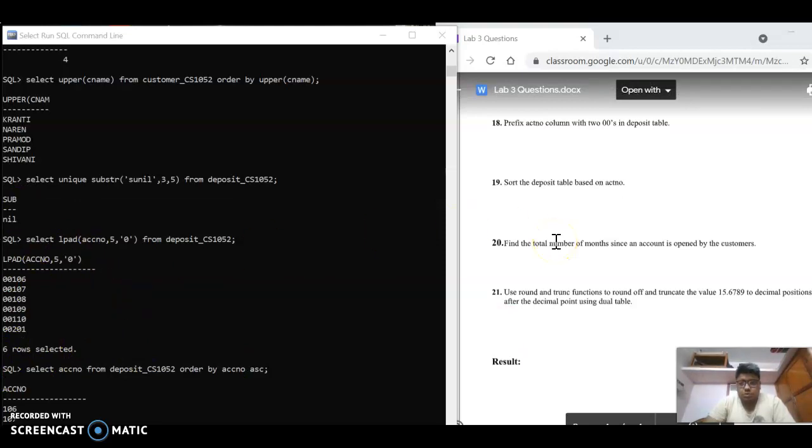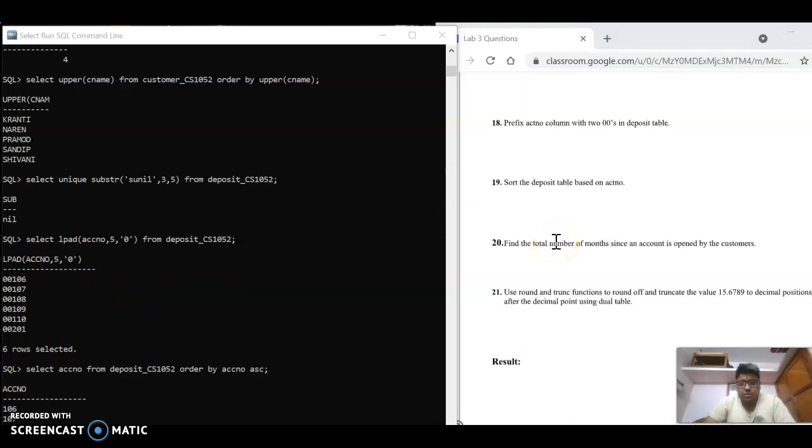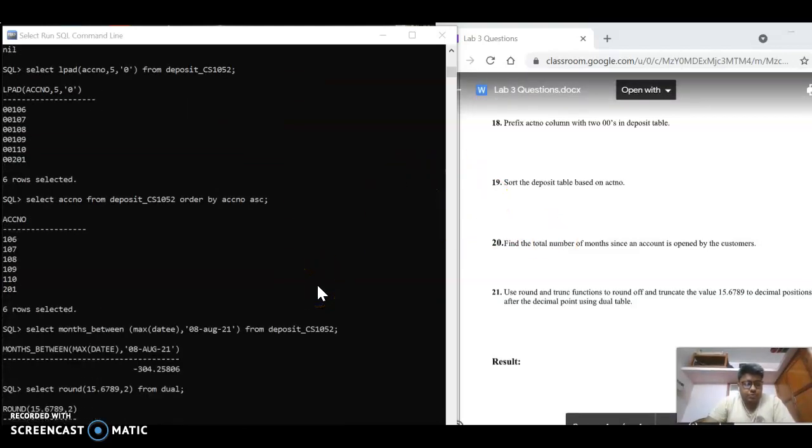So moving on to the 19th question, sort the deposit table based on account number. Here it is: select account number from the deposit table, order by account in ascending order. So here the numbers are arranged in ascending order.